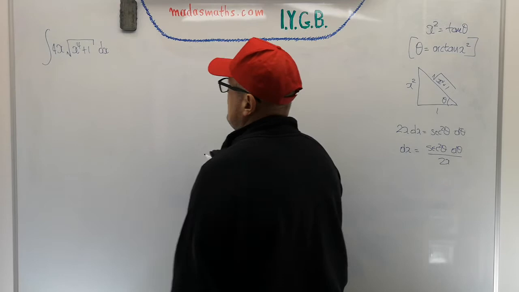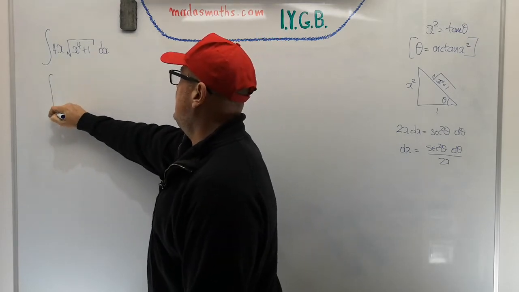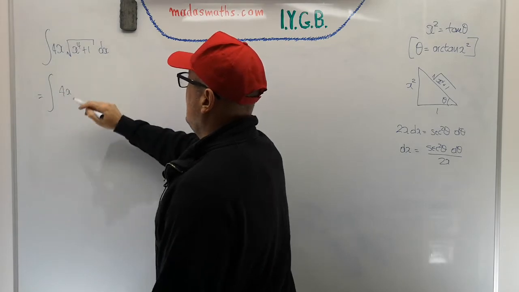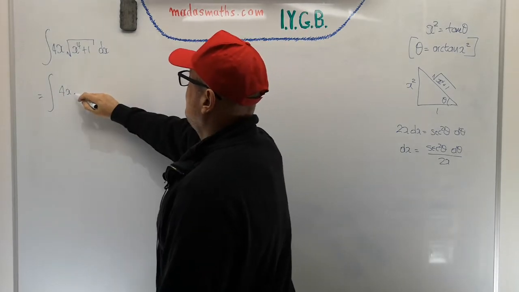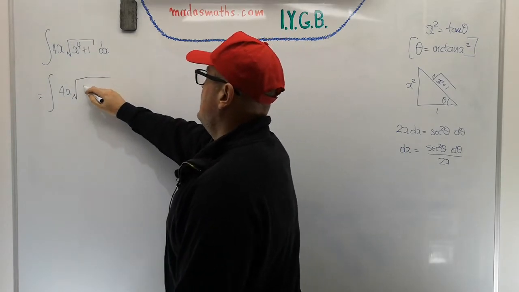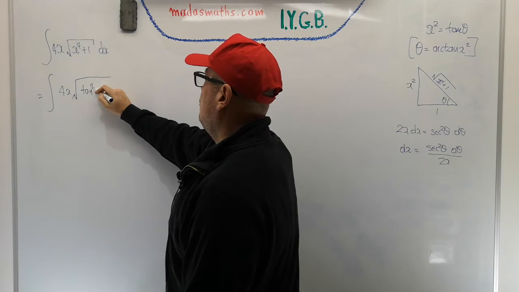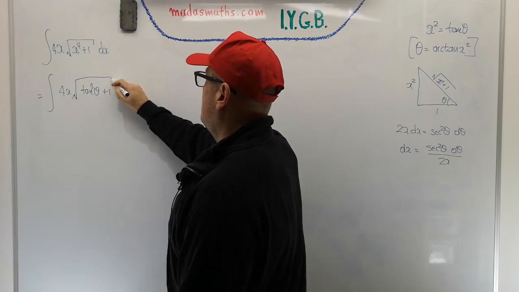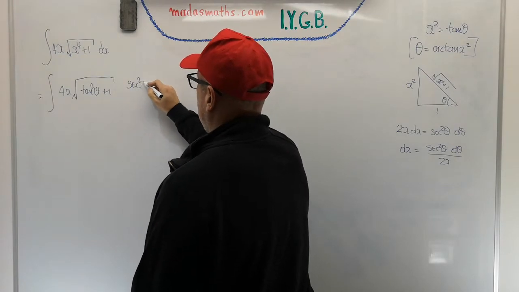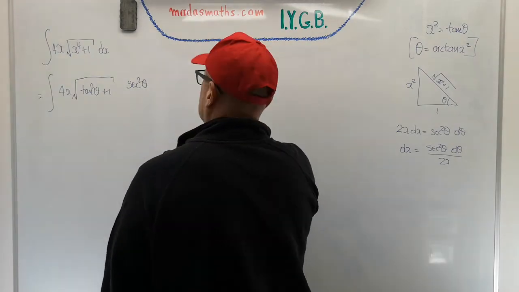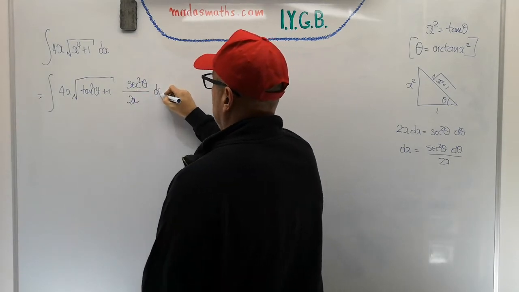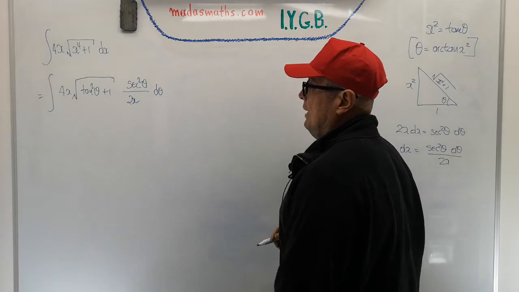So let's put our bits in. My integral now will transform to 4x, just leave him there because of course it's going to cancel. I'm going to put the extra line: x squared is my tan, so that's going to be tan squared of theta plus 1 inside the square root, and my dx is now sec squared of theta over 2x d theta, and a lot of cancellations are now taking place.